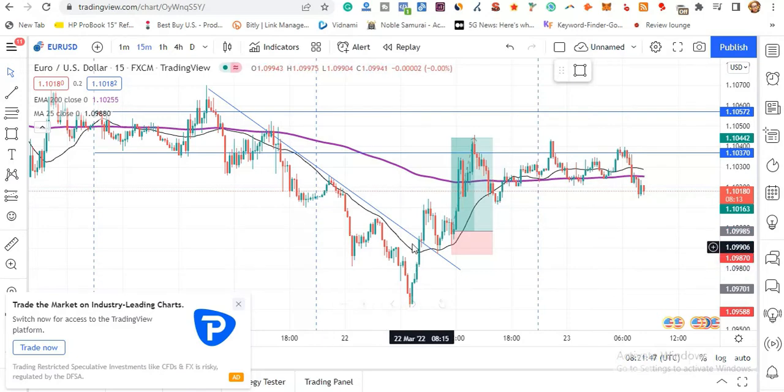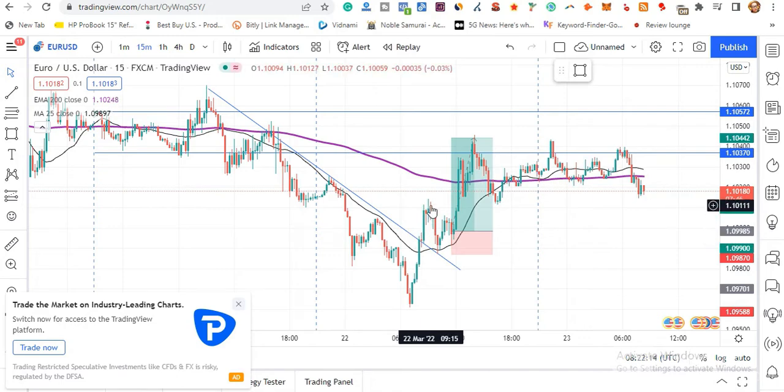So here is my trend line. I made sure my trend line is very correct. When you draw your trend line, make sure it has at least 3 touches. Now it broke my trend line, and it started coming up.